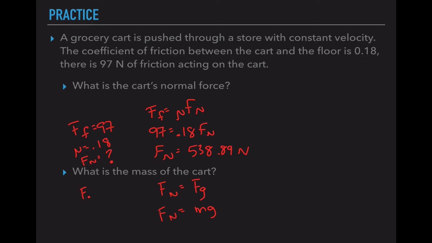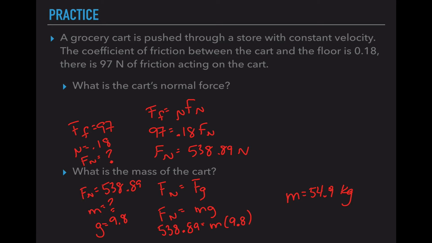So I'm going to list our knowns and unknowns. Fn is 538.89, m is our question mark, and g is 9.8. So 538.89 equals m times 9.8. And in order to solve for this m, we have to divide out the 9.8, and m equals 54.9 kilograms.